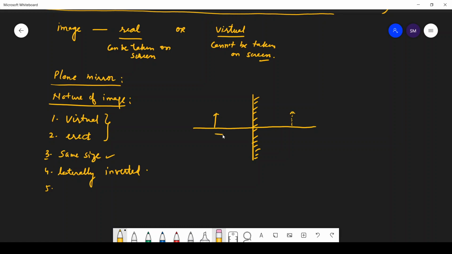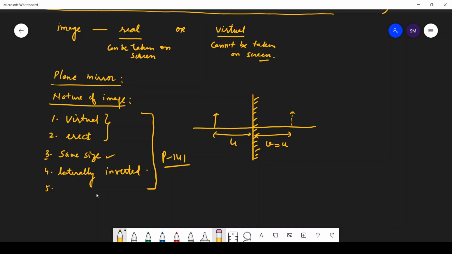So this distance is the same. The object distance is u, the image distance is v. So v is equal to u. And the image is laterally inverted. So all these things are written on the second page, as you start, in the second paragraph, page 141 of your NCERT. So open your NCERT, students.